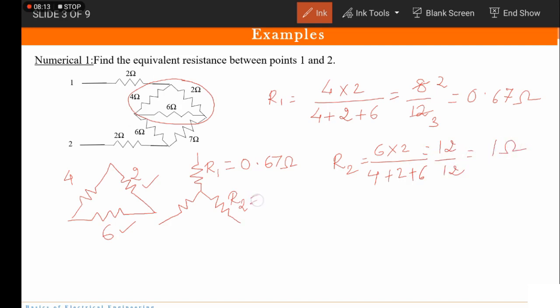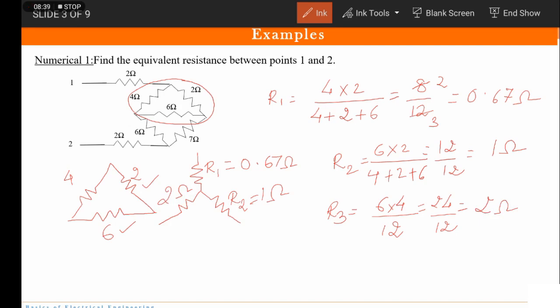So R2 becomes 1 ohm. Similarly, we will calculate R3, which comes out to be 6 into 4 upon 12, which is 24 by 12, comes out to be 2 ohms. Fine. So this resistance is 2 ohms. So we have calculated all the resistances.